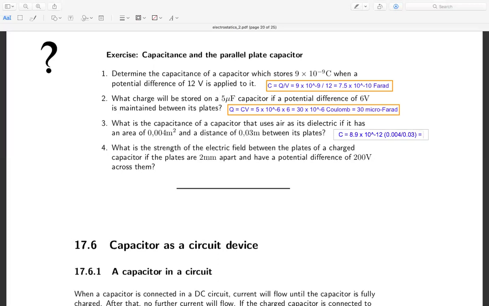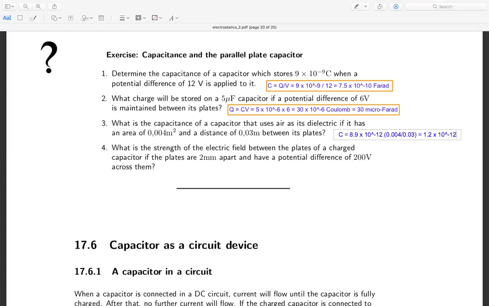Okay, I calculate 8.9 times 0.04 divided by 0.03. That gives 1.18, let's say this is 1.2. So 1.2 times 10 power minus 12.